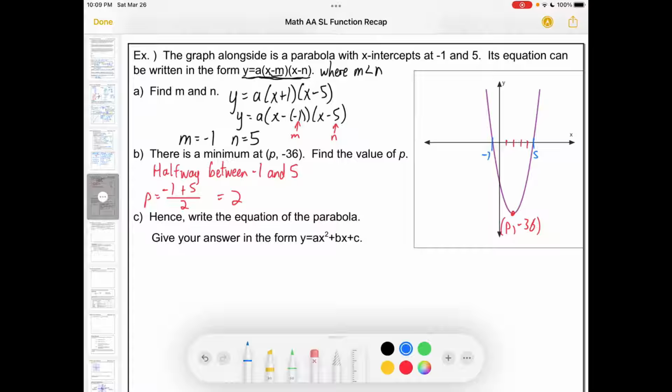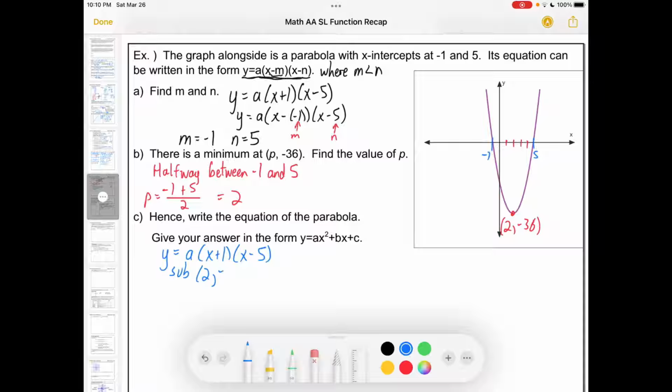So using that fact, here's what we know at this point. Y is a times x plus 1, x minus 5. This is the way I'm going to do it, but you could maybe do it a different way using a different form. What I don't like about this equation is too many letters. I just got an a, an x, and a y. I really need to know the value of a. But thankfully, I now know that there's a point on this parabola of 2, negative 36.